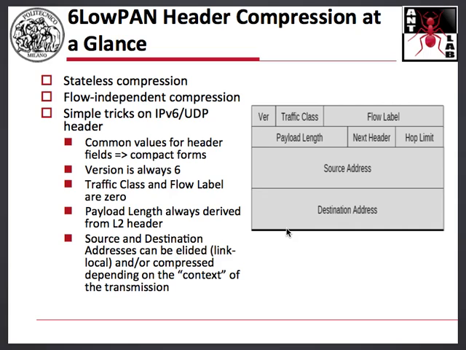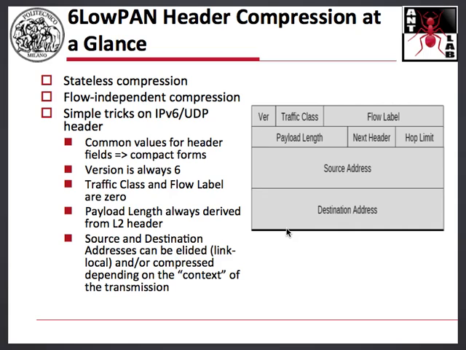Then, for example, the payload length here, which tells you how long the payload is, okay, can also be elided, because if you remember, you have this same information already available at layer 2, at 15.4. In the 15.4 frame format, if you remember, we had a field which was telling us how long the frame was, okay? The layer 2 frame is the payload of an IPv6 packet.